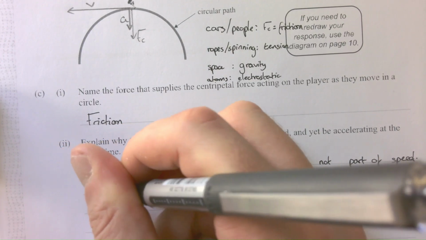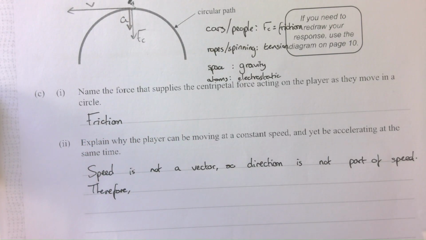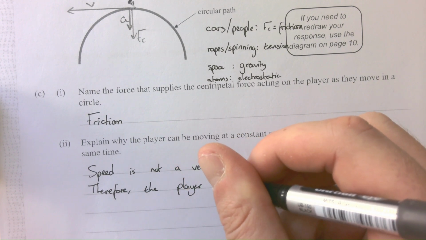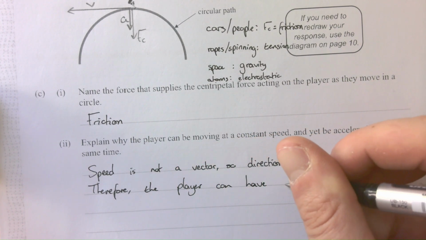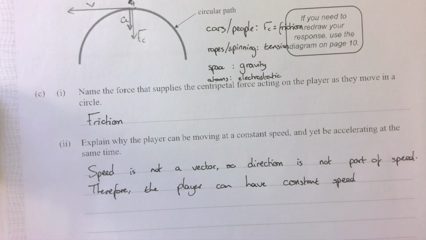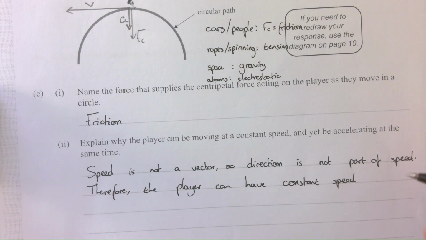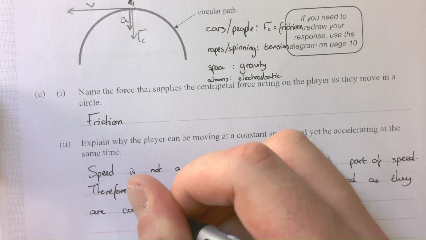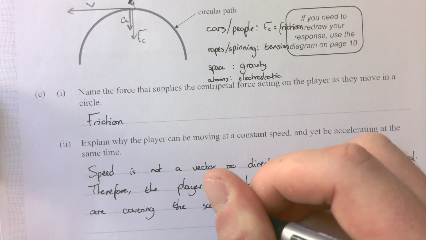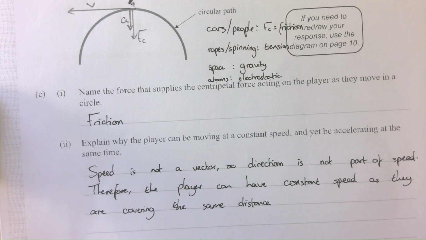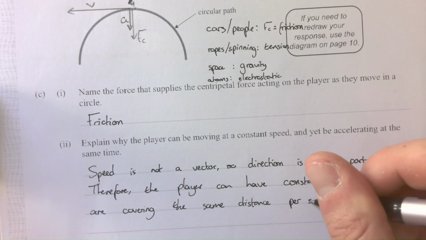Therefore, the player can have constant speed as they are covering the same distance every second. So you're just making it crystal clear that this speed just means they're covering the same distance per second.